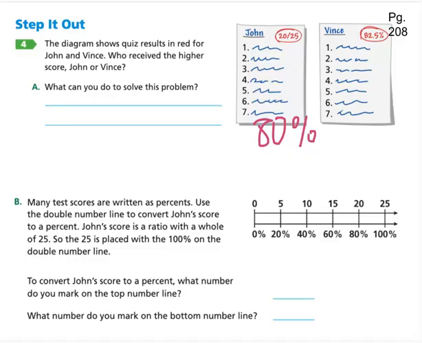You can go by 20s, you can go by 10s if you want. And then that 100% should be the total number of questions on the test. To convert John's score to a percent, what number do you mark on the top line? Well, I'm going to mark this one right here. So that's 20. And what number is marked on the bottom? 80%. So Vince actually got a better score than John.